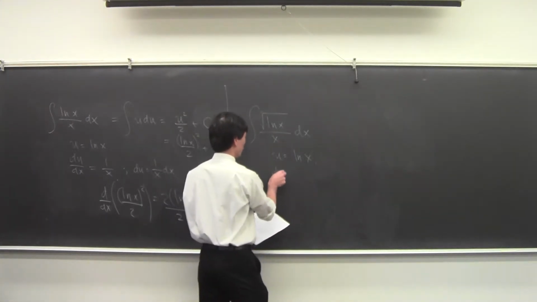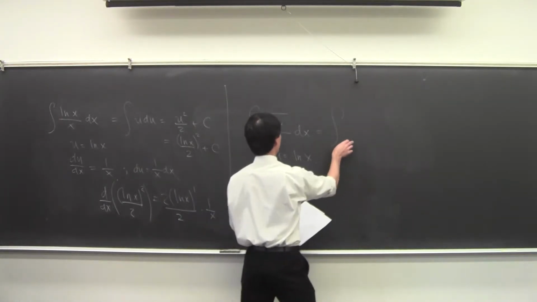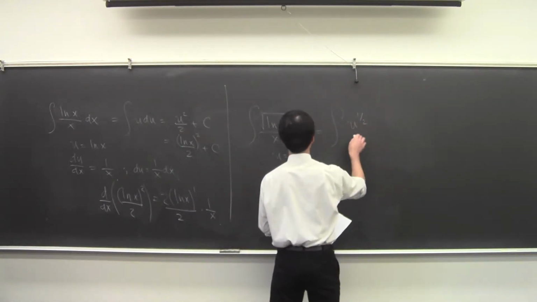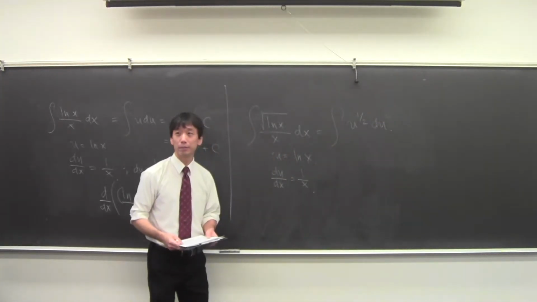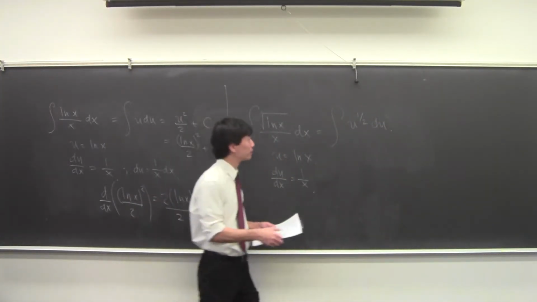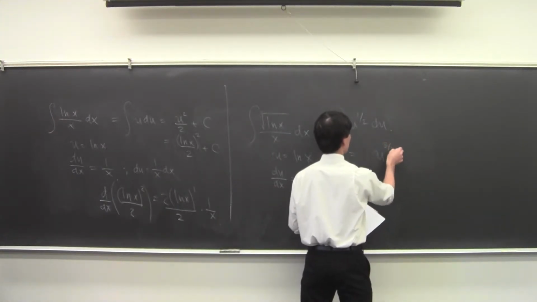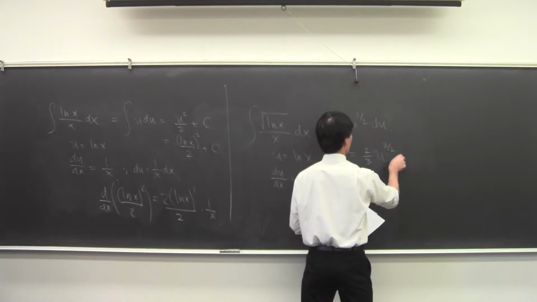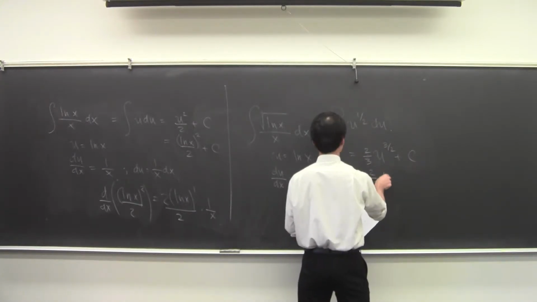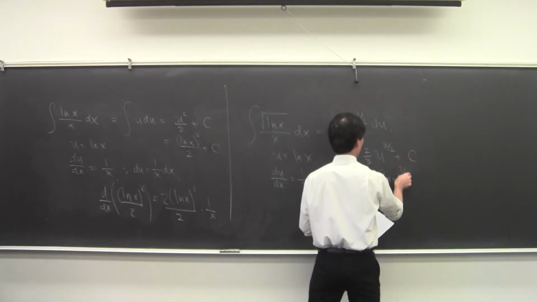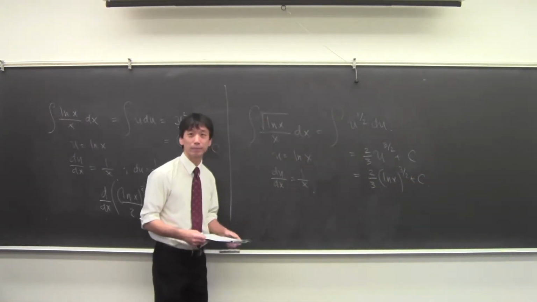So we rewrite this as u to the 1/2 du. Everybody okay? And so you integrate it, you get u to the 3/2 divided by 3/2 plus c. Switching back, you get 2/3 natural log x to the 3/2 plus c.